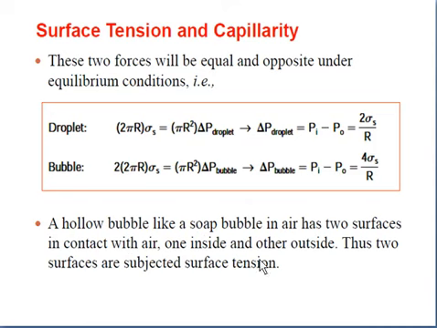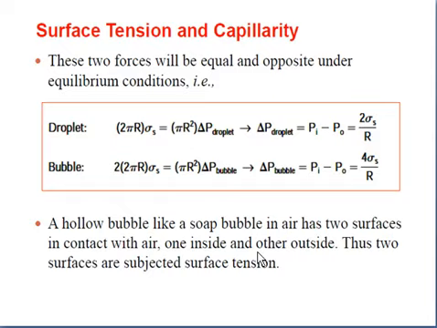See, in case of the bubble, the bubble is subjected to two types of surface tension. The first surface tension is acting on the inner side, and the second is acting on the outer side. Because both surfaces are subjected to air, this bubble is subjected to surface tension twice.